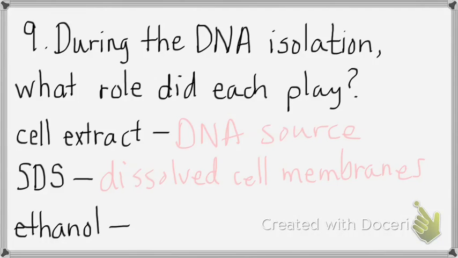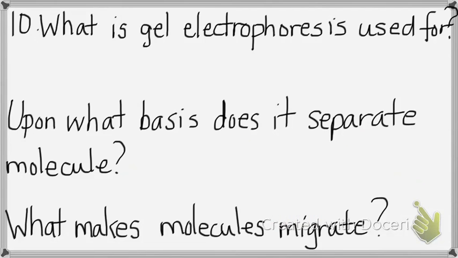What was the role the ethanol played? Separated the DNA. It's like a DNA magnet. Everybody okay on that one? Great. Now keep that piece of paper out and let's go to the front of it.